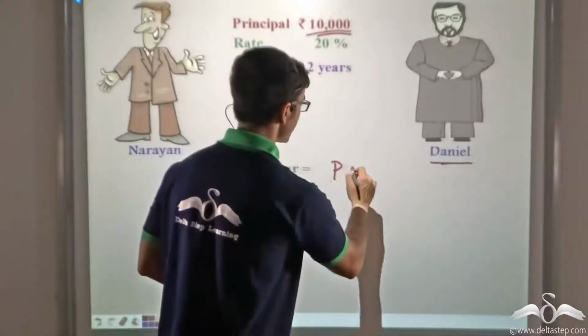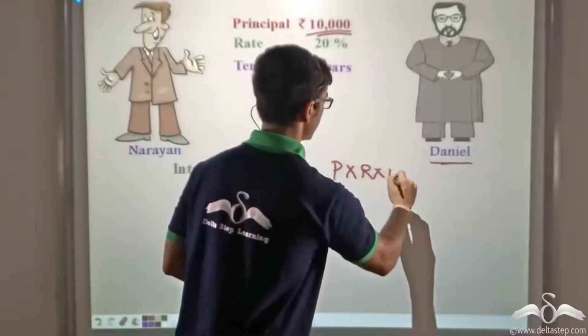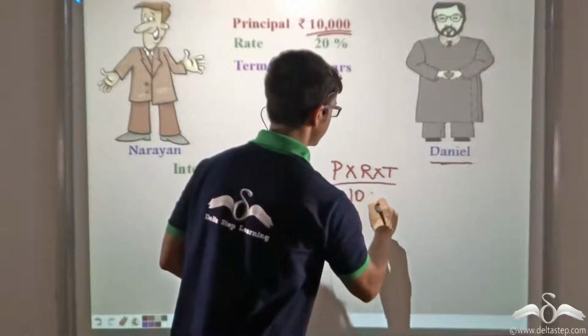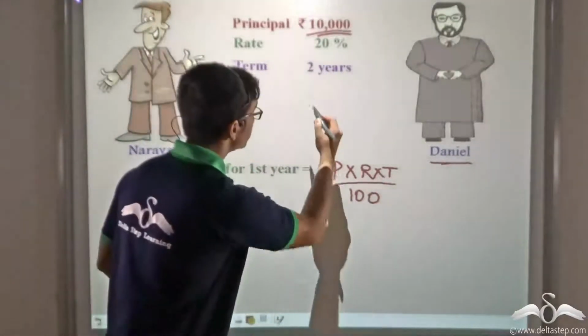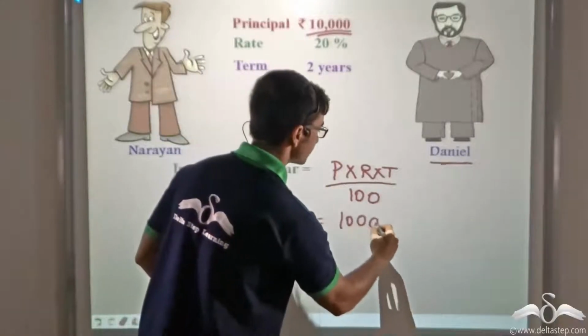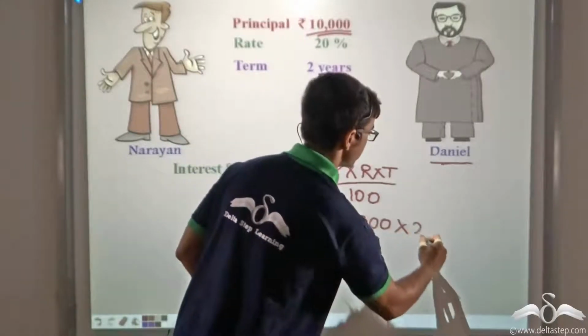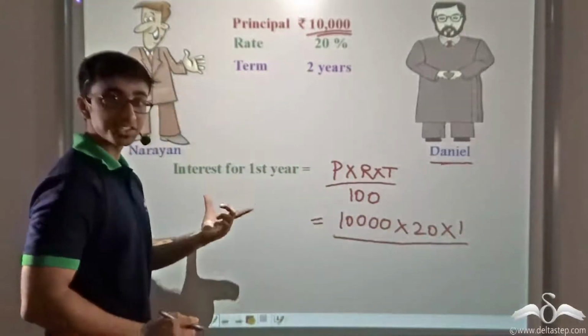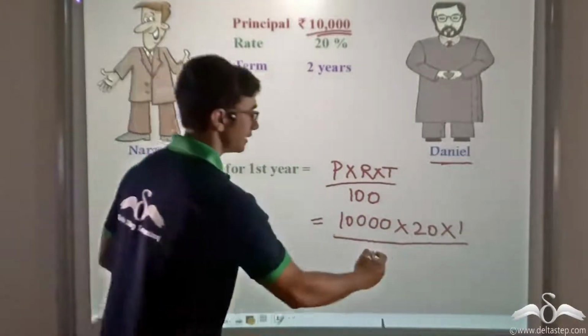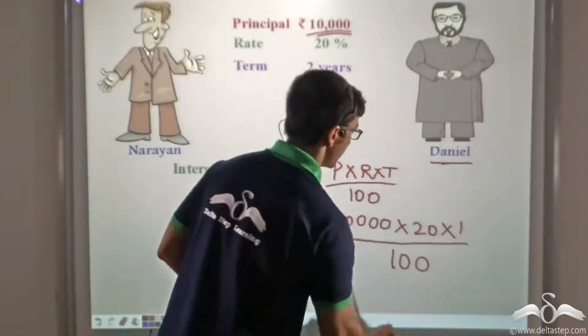That interest will be P into R into T divided by 100. So if I replace the values, I will get P 10,000 into R, that is 20, into T, that is 1, because we are interested only for the first year, divided by 100.